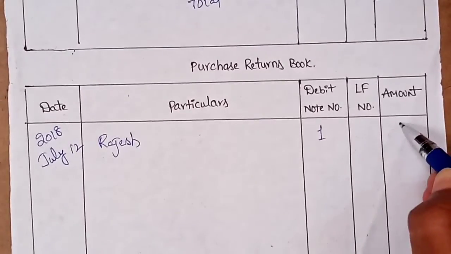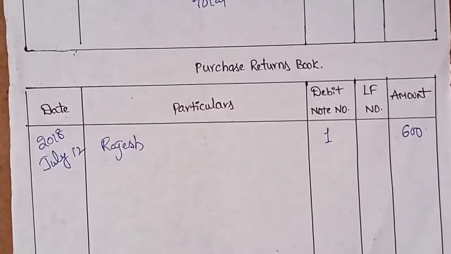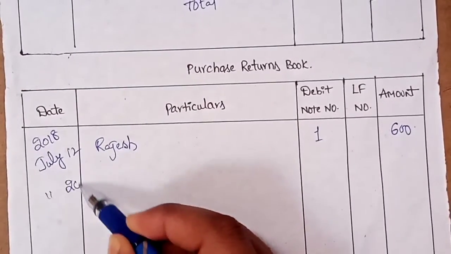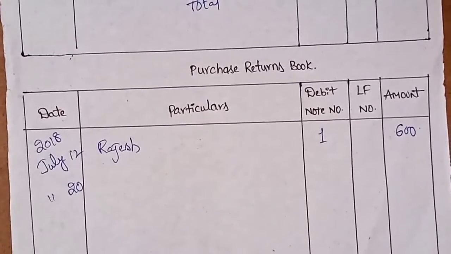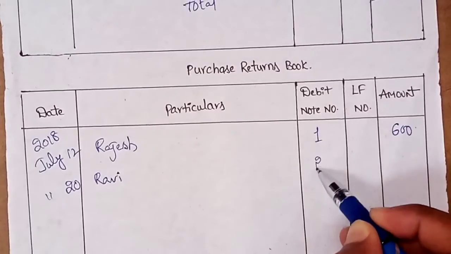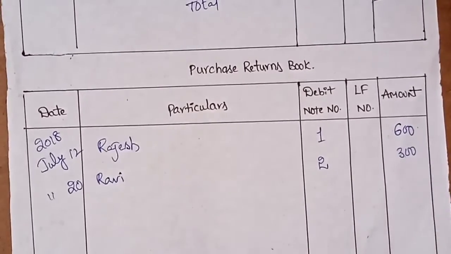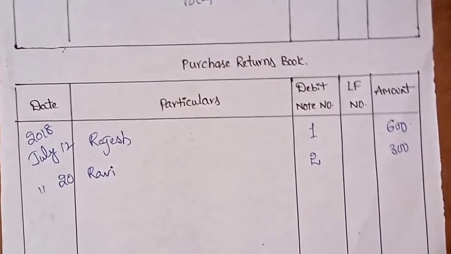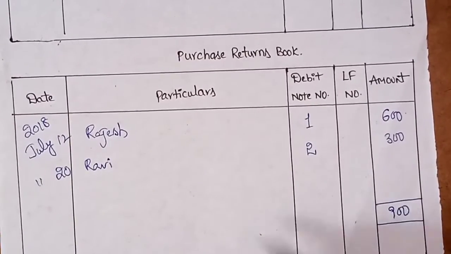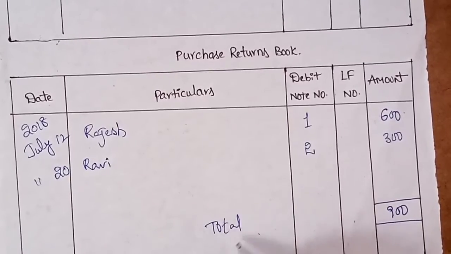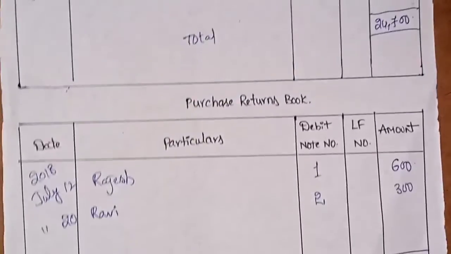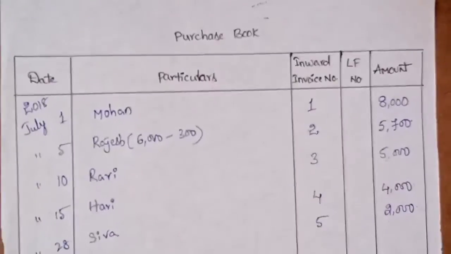Amount 600 rupees. Next, July 20, supplier name is Ravi, debit note number 2, amount 300. Let's total it. 900. Like that we should record the transactions in purchase book and purchase returns book.